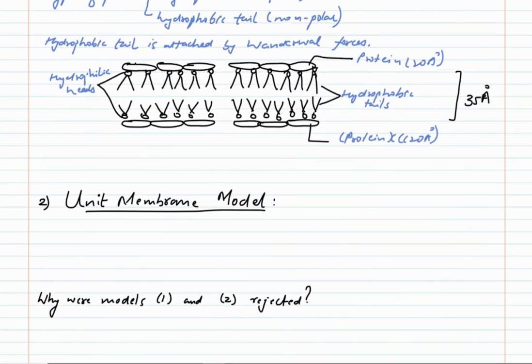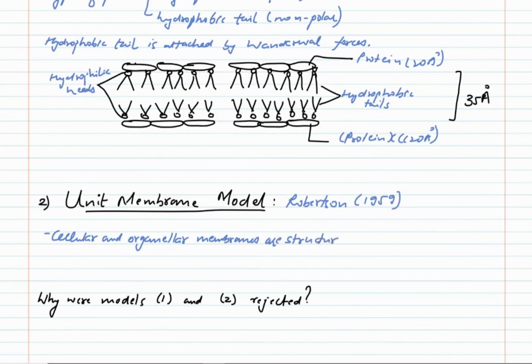The next model to be put forward was unit membrane model, which was given by Robertson in the year 1959. According to Robertson's model, cellular and organelle membranes are structurally and functionally similar.